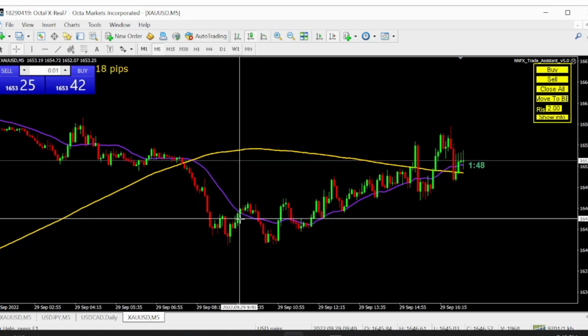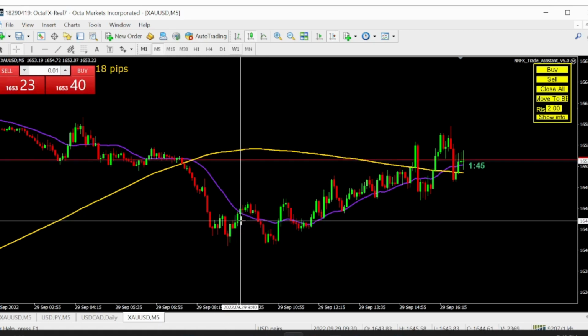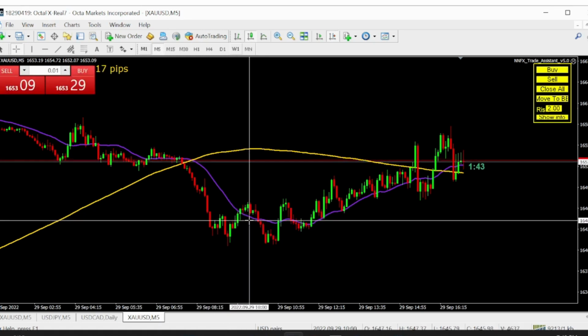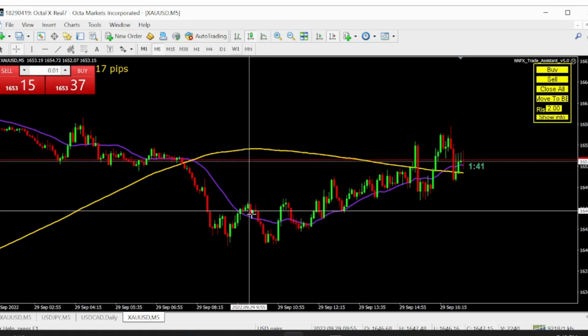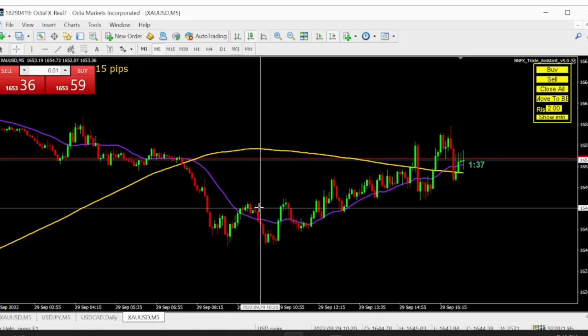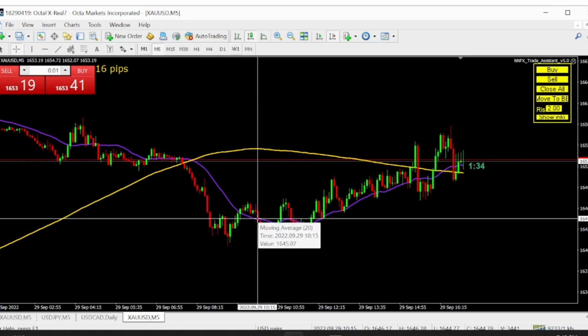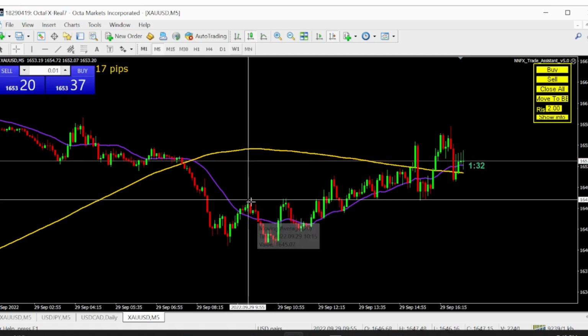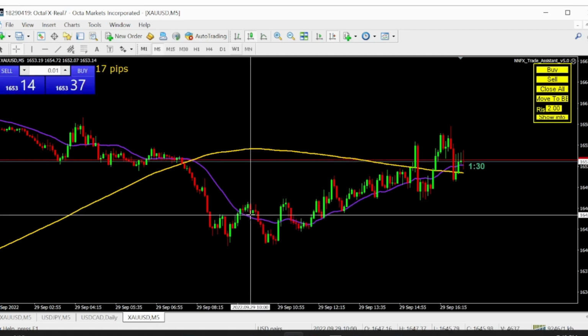Now it is near. Now we are waiting for a green candle to get overtaken by a red candle, or a topping tail bar to be formed, or a bearish elephant bar to be formed. Any of the three. So here a green bar formed and a red bar just ignored it.